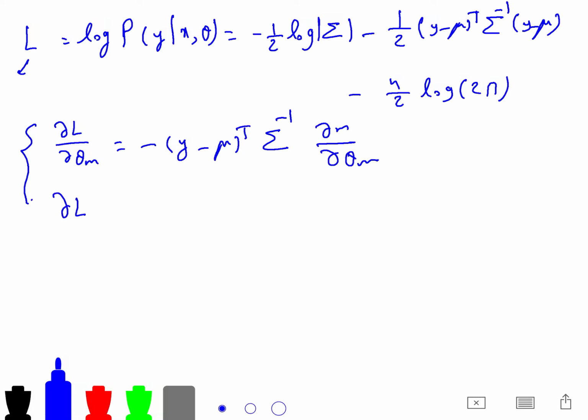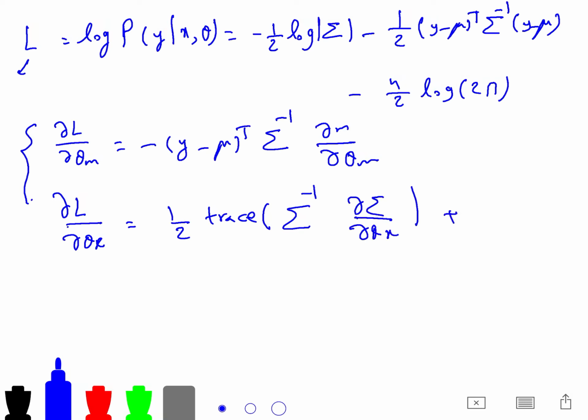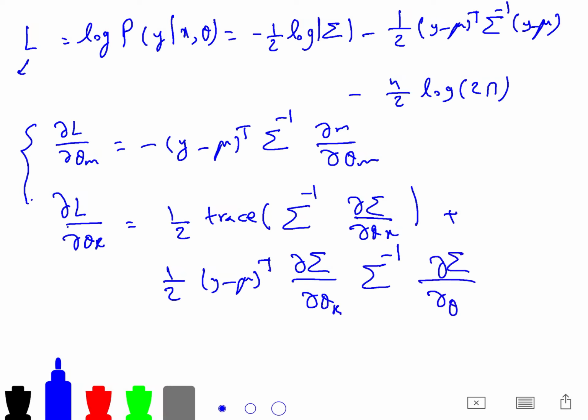The same thing for other hyperparameters, theta k, for example, which is equal to 1/2 trace of inverse of sigma plus 1/2 y minus mu transpose derivative with respect to theta k, sigma inverse, and finally y minus mu.